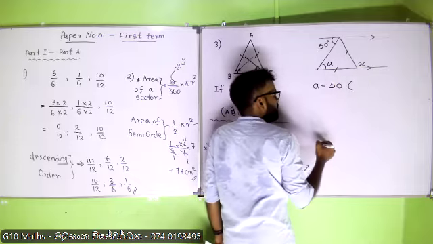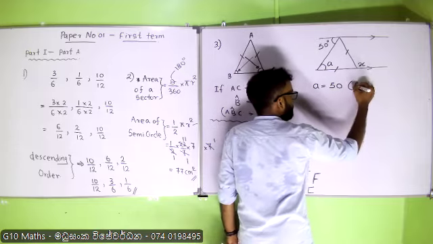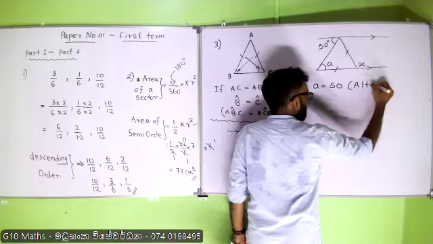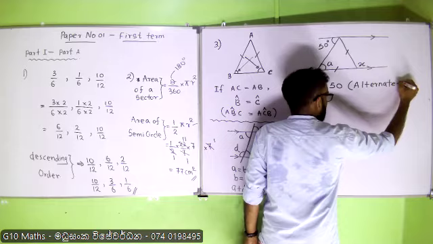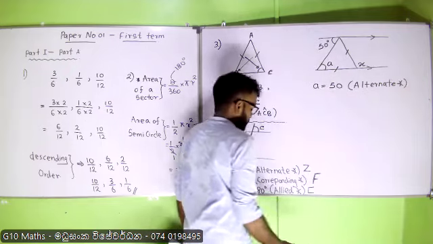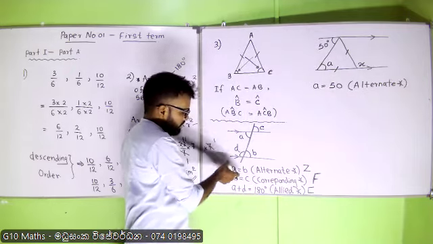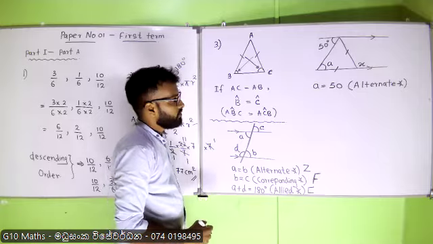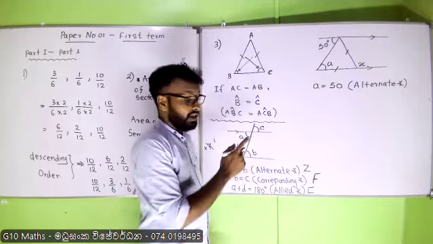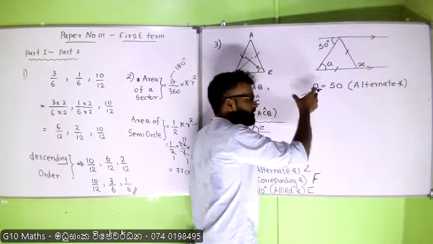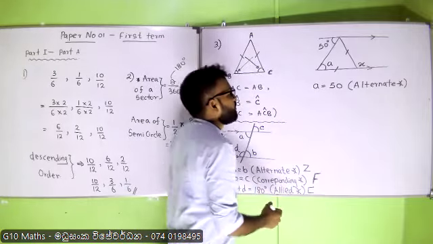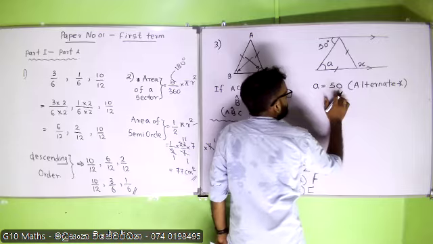Why is that? Alternate angles. The reason is needed, so it would be better if you write alternate angles. Actually, we need another theory; I forgot to tell it. I will tell it under this discussion. So A equals 50.